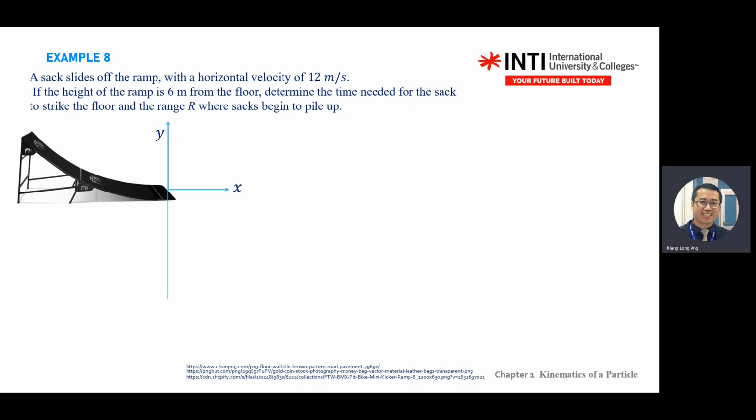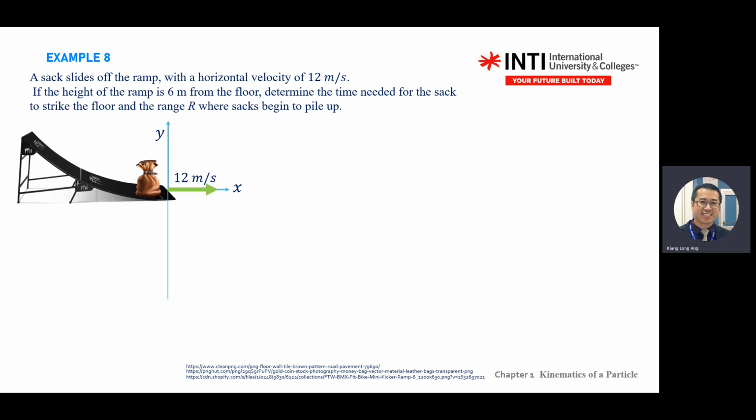Let's say you're given a slide on the ramp here with a horizontal velocity of 12 meters per second. You're given the origin axes y and x at the bottom of the slide there. If the height of the ramp is 6 meters from the floor, determine the time it needs for the sack to strike the floor and the range R where the sack began to pile up.